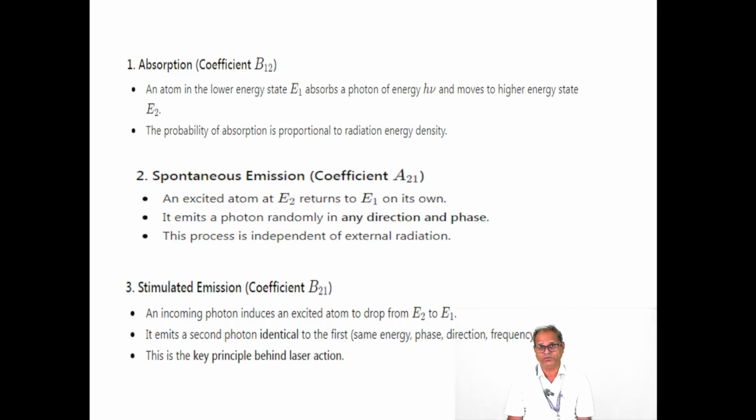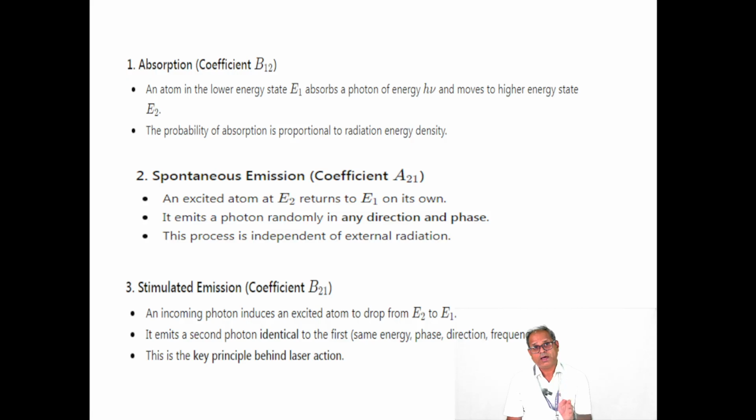Which is that factor? It is the radiation acting as a stimulus to the atoms in the excited state. The rate of stimulated emission is directly proportional to the energy density of the incident photon, and secondly it is proportional to N2, the number of atoms present in the excited state.